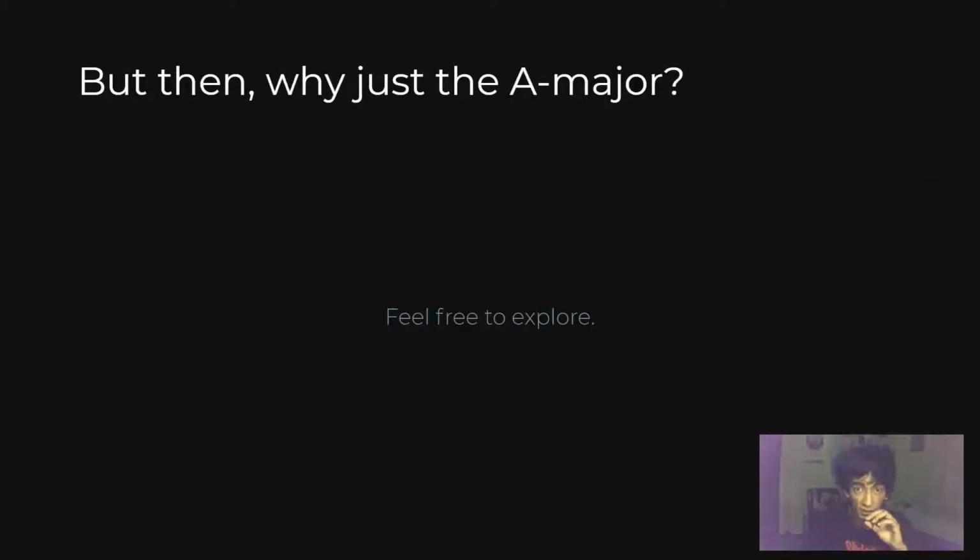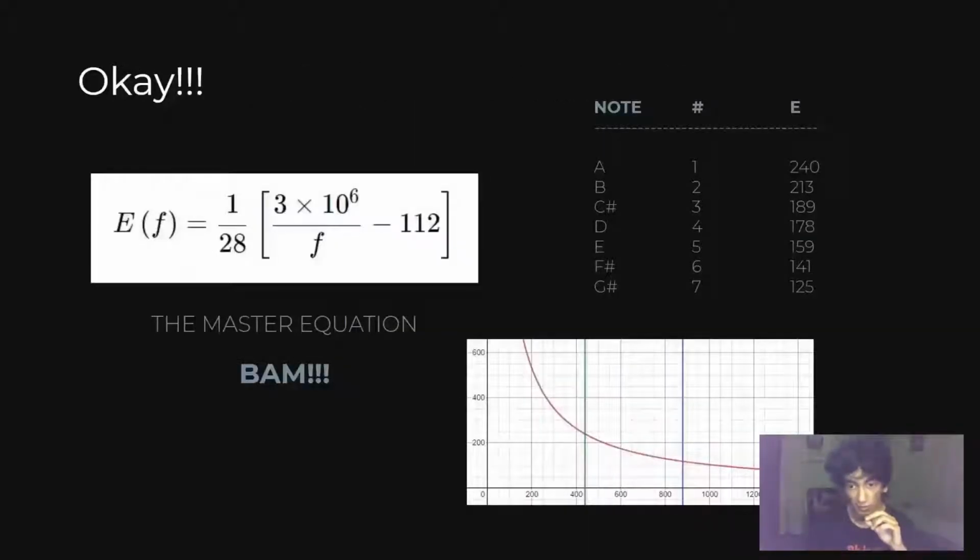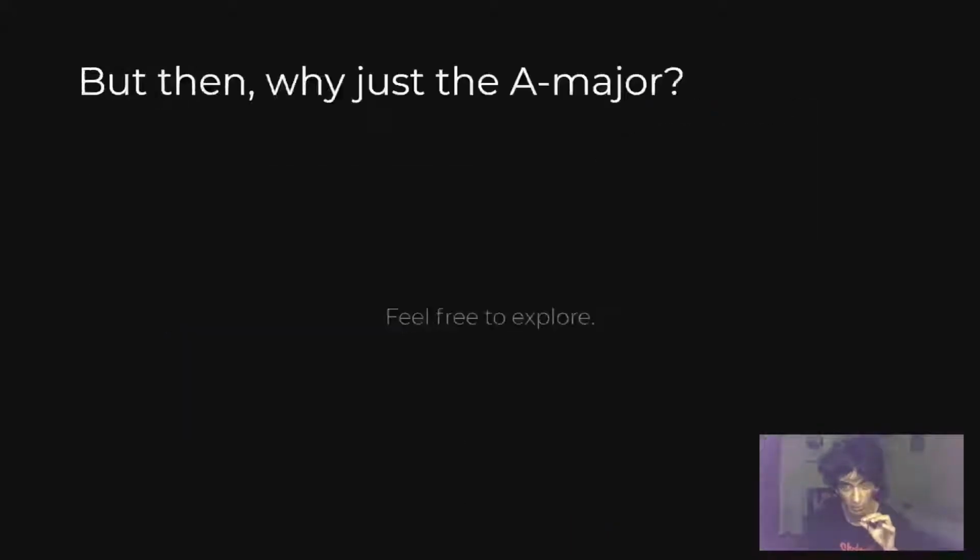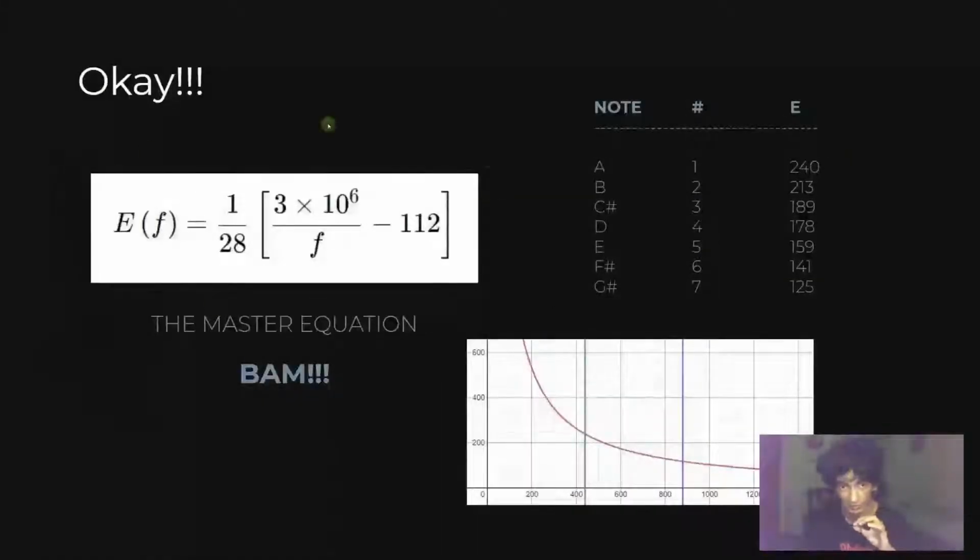Why did I choose the A major scale? The A major scale choice was pretty much driven by the fact that the frequency lies in the optimal range. It would be harder to explain like this. If you go through the calculations and arrive at this formula yourself, then you'll understand what I was trying to say.